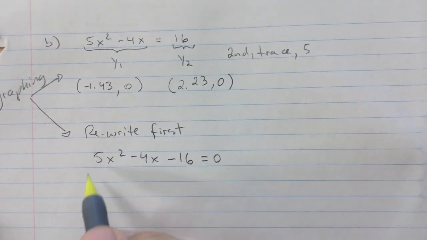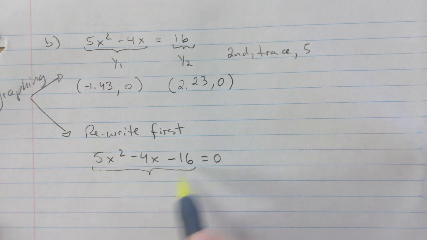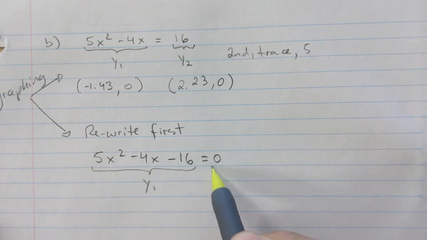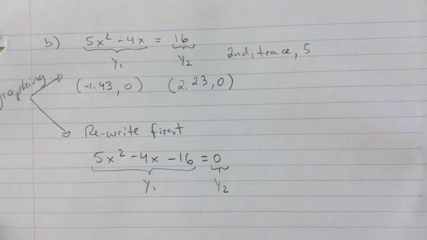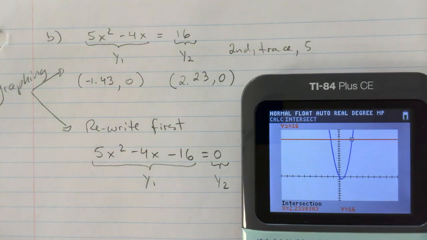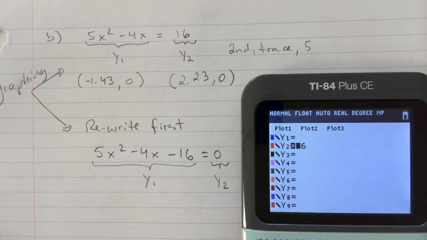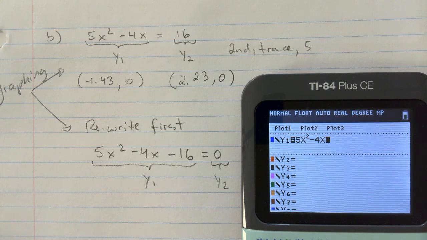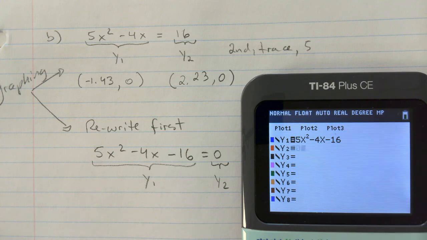And then what we do is, this goes into y1, and this goes into y2, which you should recognize as finding the x-intercept. I don't know if it doesn't ring a bell, it will soon. So 5x squared, do it with me, negative 4x minus 16, y2 is equal to 0.